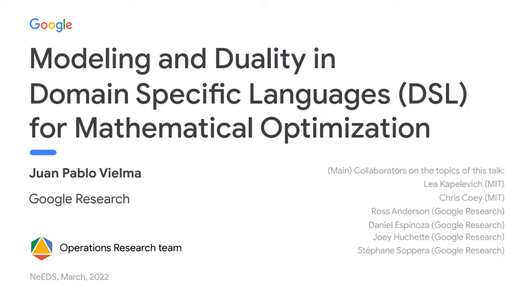Today we have the pleasure of having Juan Pablo Vielma. Juan Pablo holds a PhD in Industrial Engineering from Georgia Tech and is currently a research scientist in the Operations Research team at Google. Prior to that, he has held postdoctoral, assistant, as well as associate professor positions at IBM, University of Pittsburgh, and MIT. Juan Pablo has widely contributed to the field of mixed integer linear programming and conic programming, to name a few.